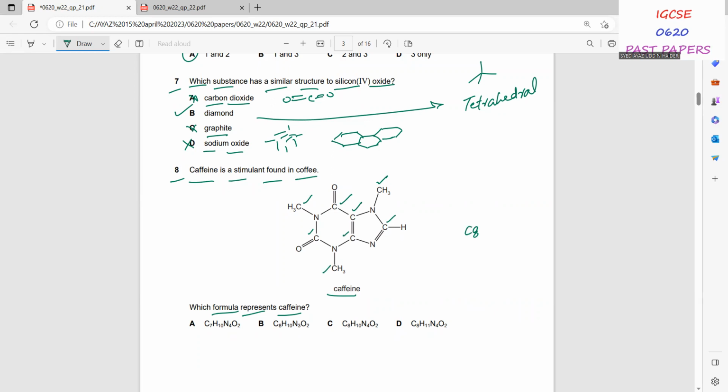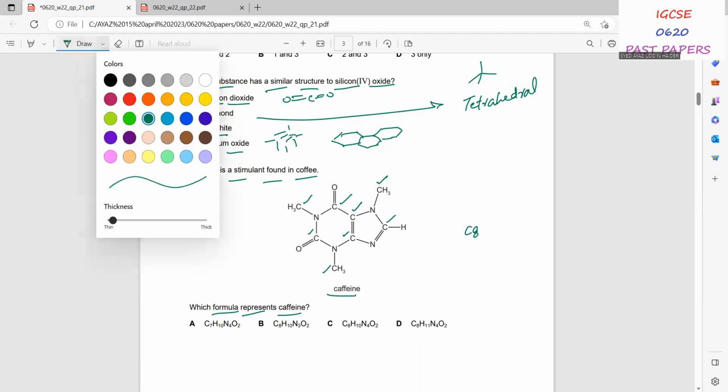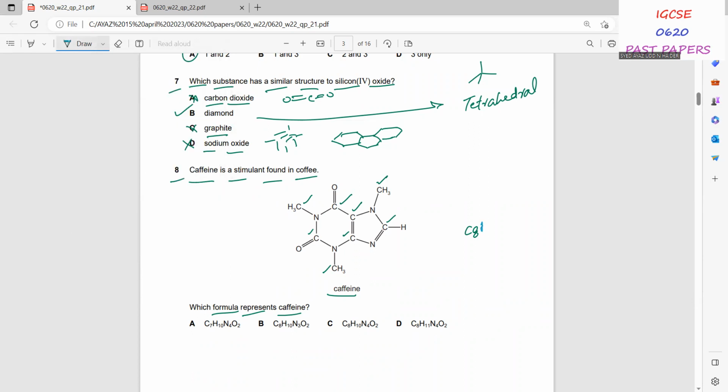C8. Now let's count the hydrogen atoms for this molecule. H. 1 plus 3, 4. 4 plus 3, 7. 7 plus 3, 10. H10.